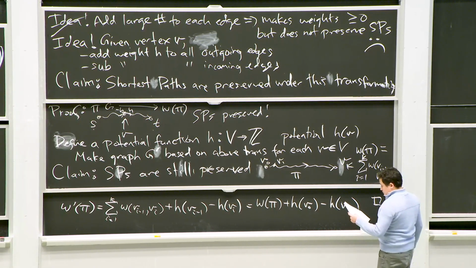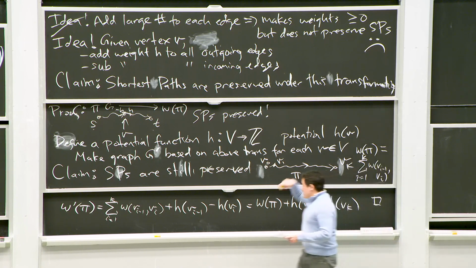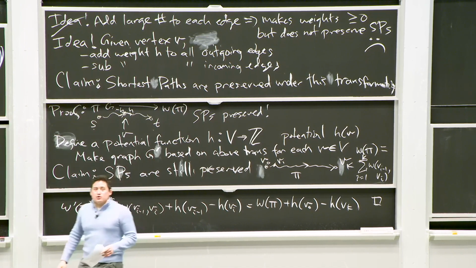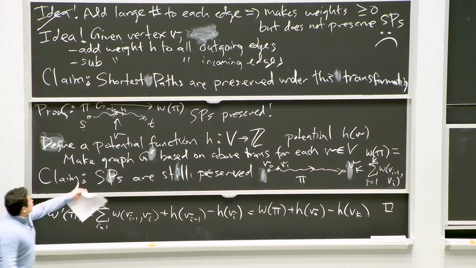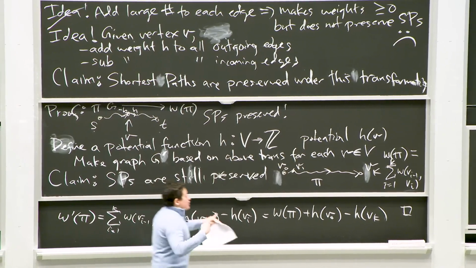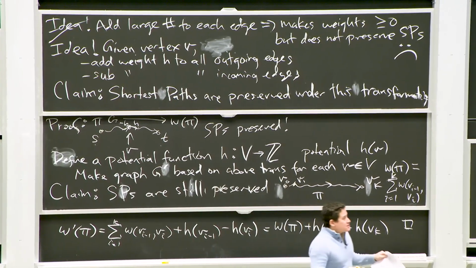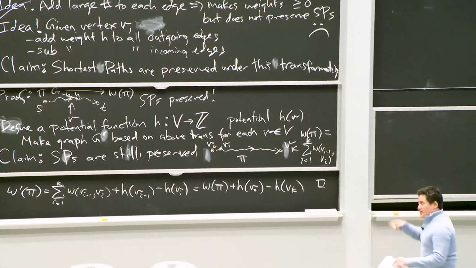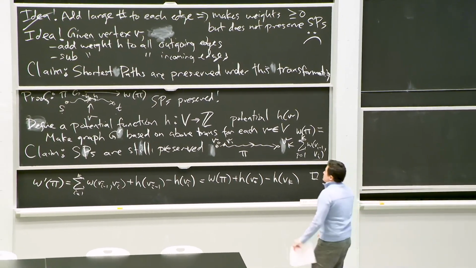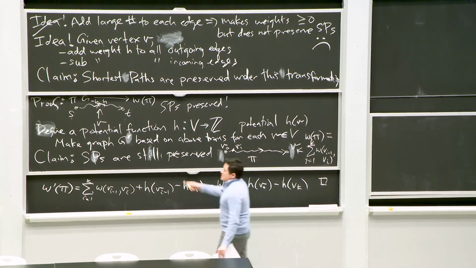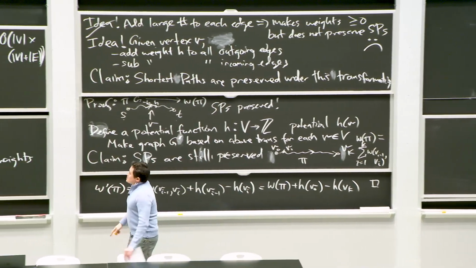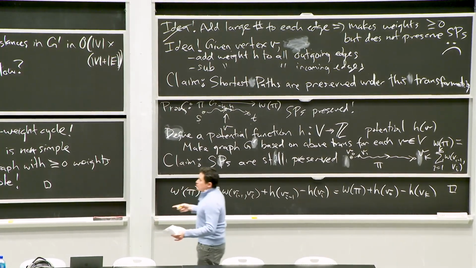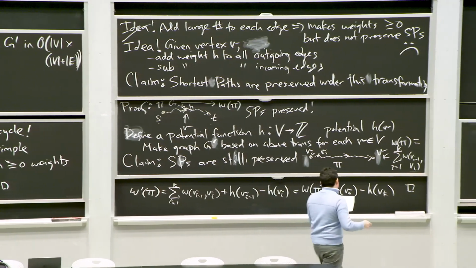Okay. So the name of the game here is now we have this really flexible tool, right? We have this tool where we can add or subtract weight from various edges, but we have to do so in a kind of localized, constrained way, right? We have to do the same thing around each vertex. But it seems like a powerful transformation technique that maybe we can use to get what we want, which is a G prime, a reweighting of the graph where all the edge weights are non-negative.